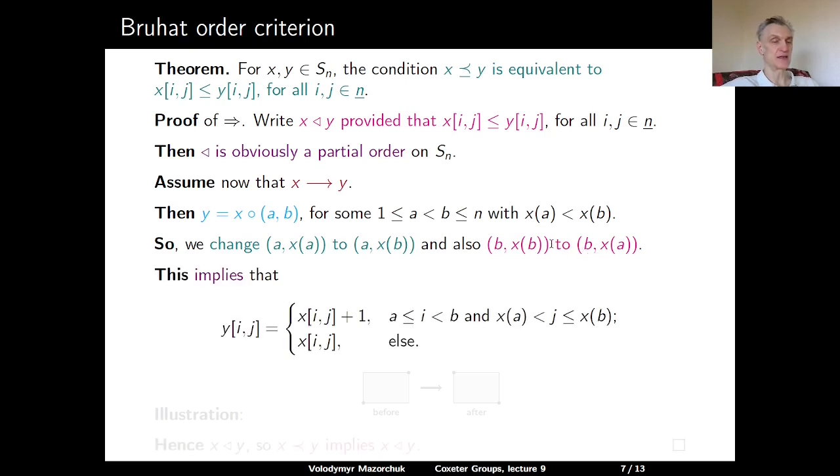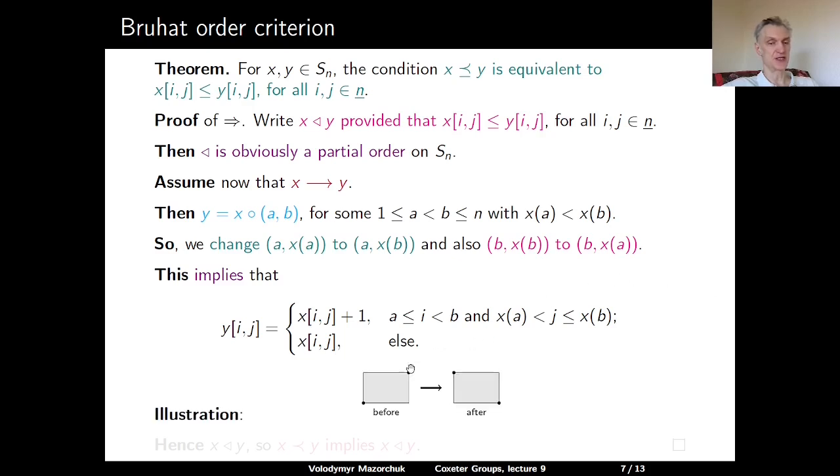And this implies that the value y_{i,j} is equal to x_{i,j} plus 1 in all cases where i is greater than or equal to a but less than b, and j is greater than x of a but less than or equal to x of b. And y_{i,j} is equal to x_{i,j} in all other cases.